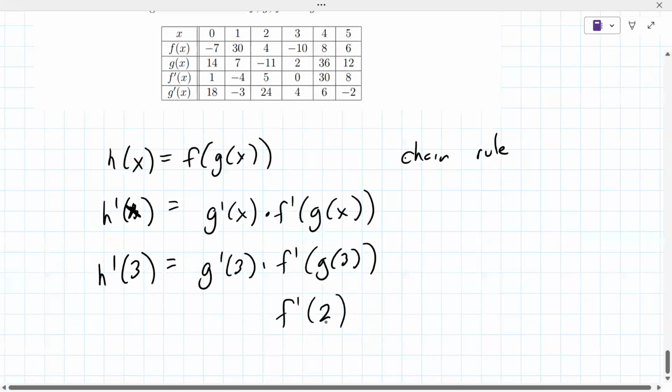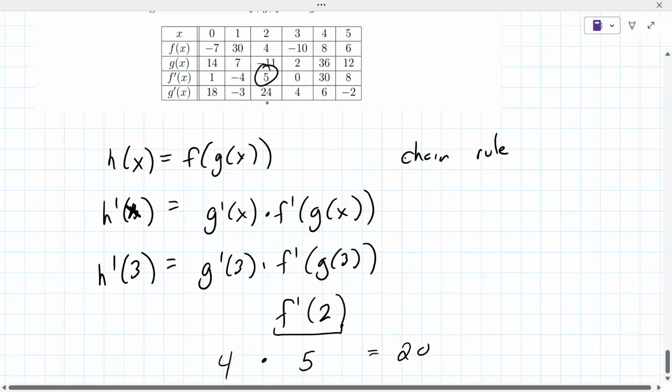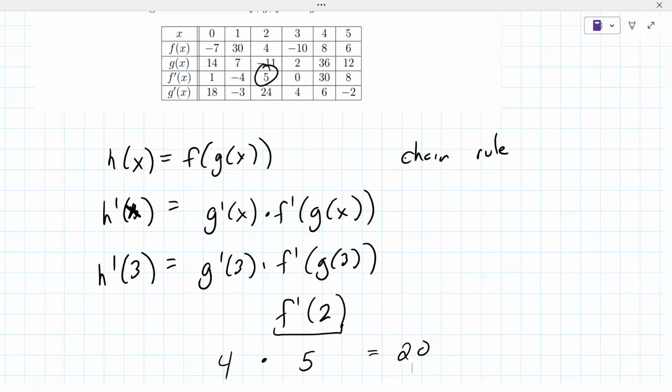So f prime of 2 is negative 4? No, f prime of 2 is 5. Oh my god. It's easy to do. We've already done it twice. g prime of 3 is 4. Good. So 20. Right. Very common to get a question like that.